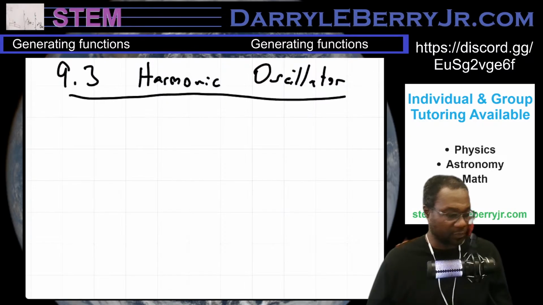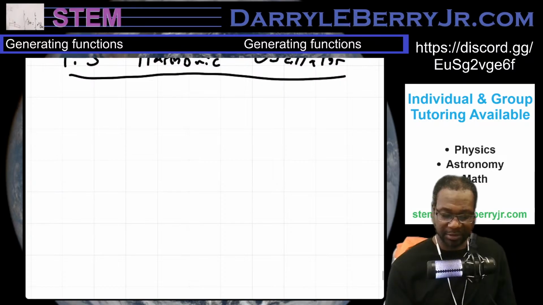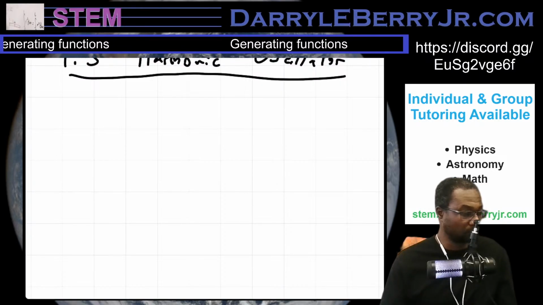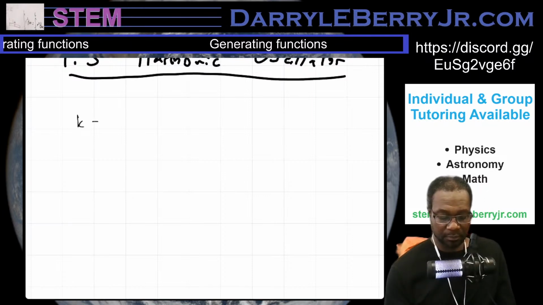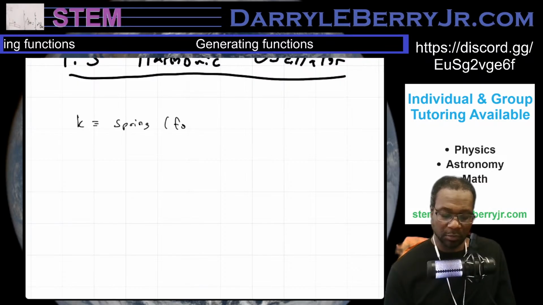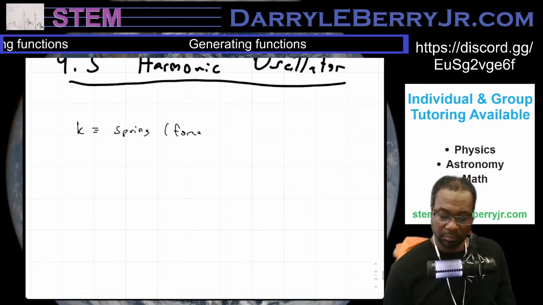So we have a simple harmonic oscillator. If the force constant is k, I'll try to write a bit neater.